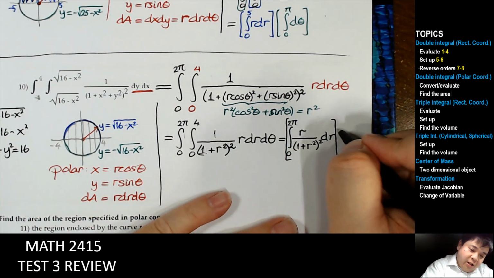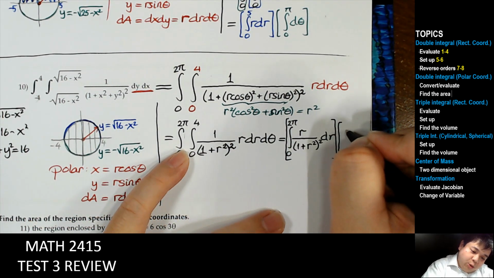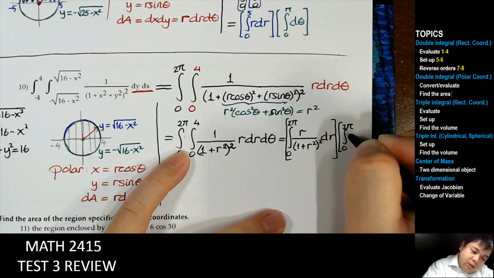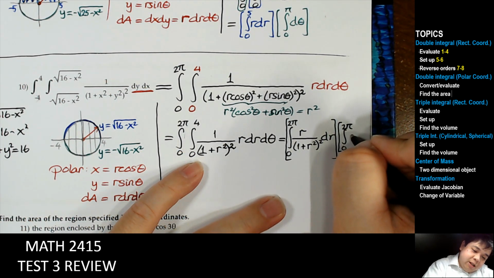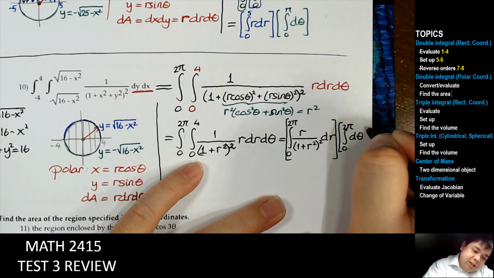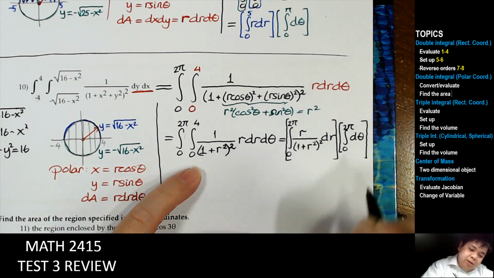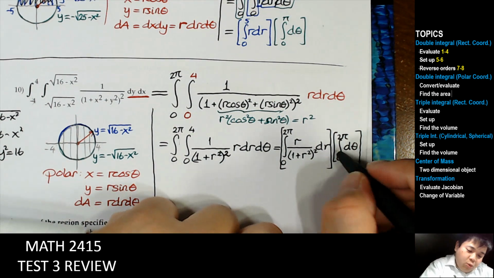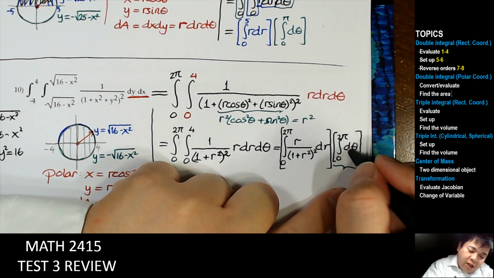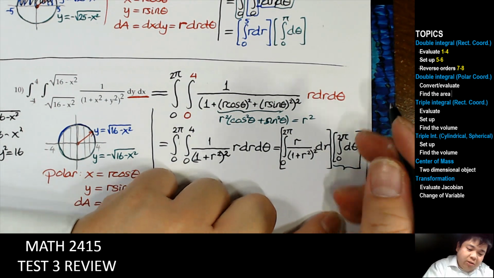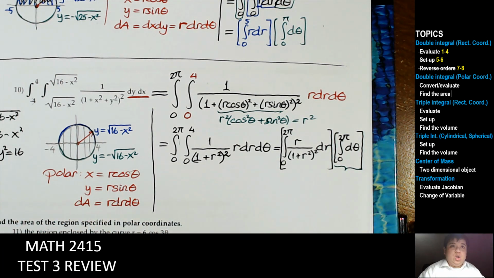And then for theta, we just have 0 to 2 pi d theta. This one is easy. That should be just theta from 0 to 2 pi, and then we'll do the r part using substitution.